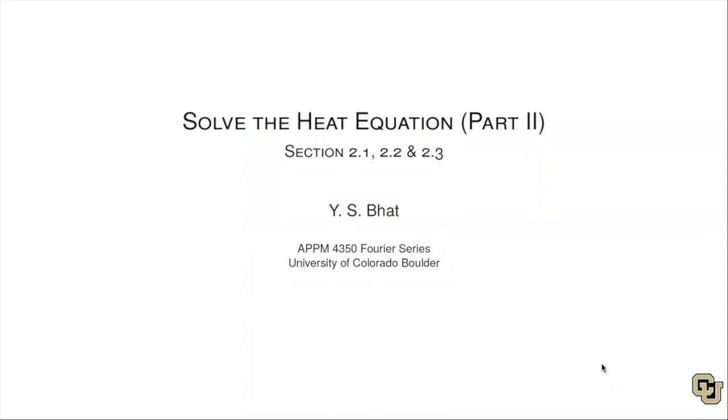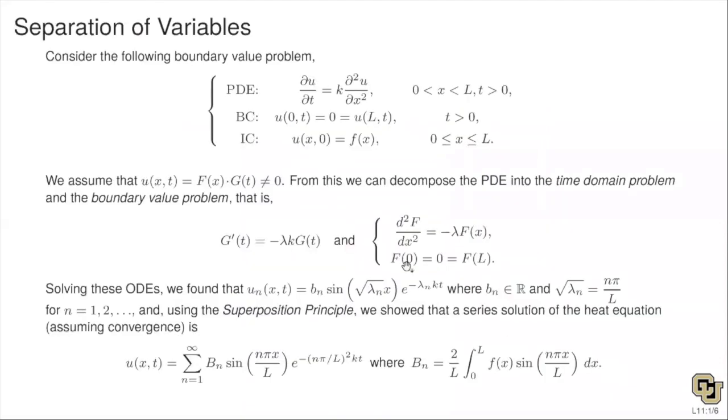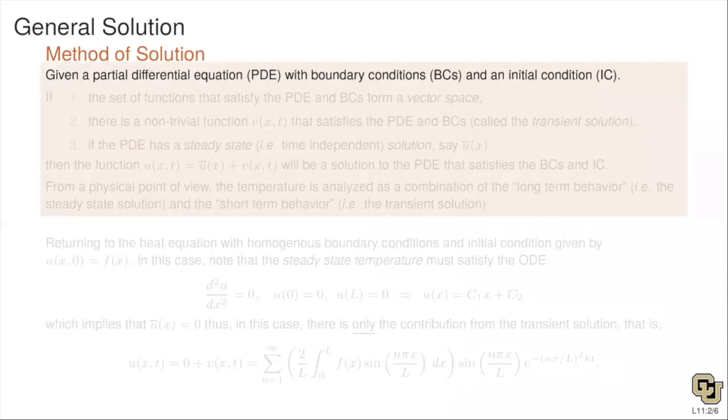All right, so let me talk about part 2 of solving the heat equation. This slide is just reviewing what we talked about last time, so please take a look. So in general now, what's our strategy? I want you to think big picture. Given a partial differential equation, a PDE, and some boundary conditions and an initial condition, if we have the following three situations.